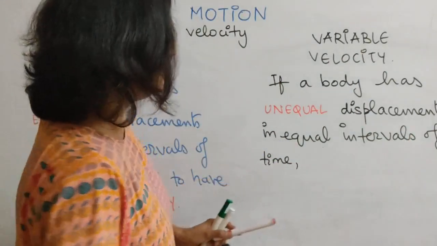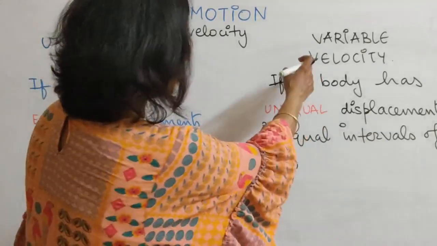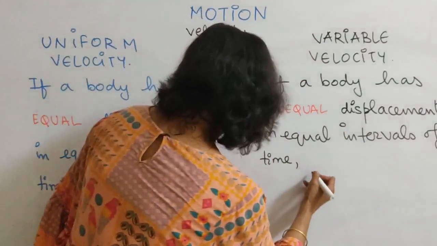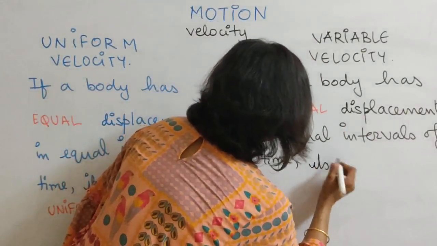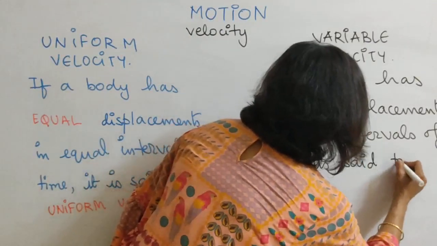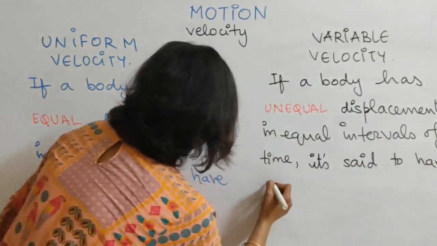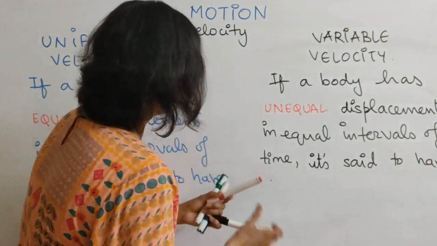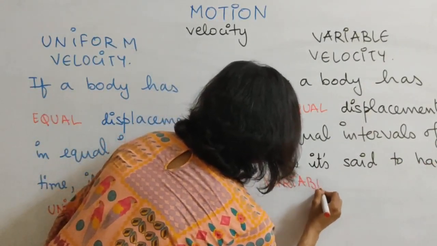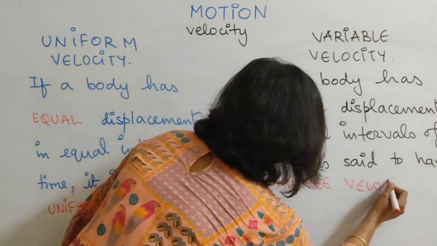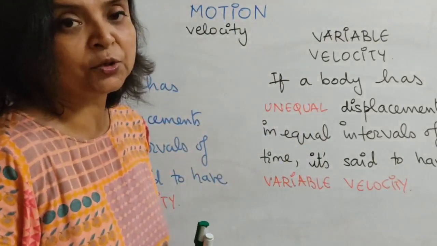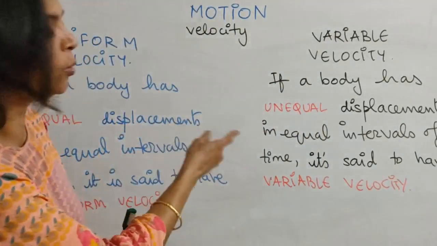Okay, the time interval is same, but the displacement is unequal. Because it's velocity, it is displacement. Because it is variable, changing, it is unequal. It's said to have variable velocity. I will request you to pause the video and go through both the definitions.